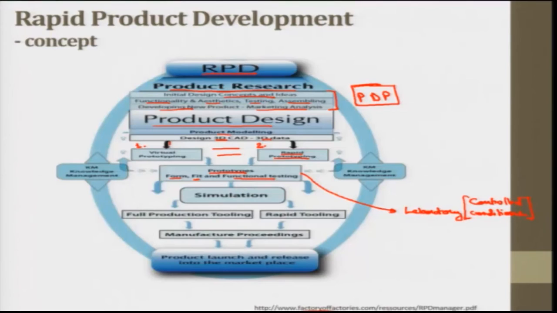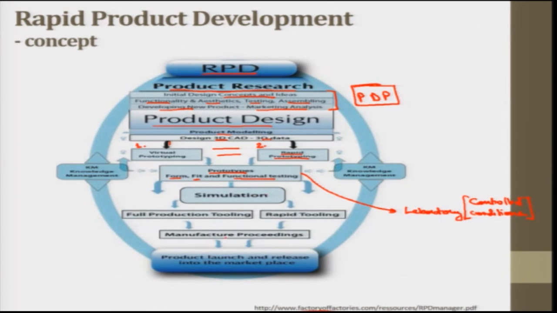Then from the internal customers, they get the feedback and try to see what the change is. If the change is required, then they incorporate that change and then produce the product to make it reach the final consumer, the end user, the masses. So, that is prototypes. We get the form, fit, functional testing of bikes in this case.